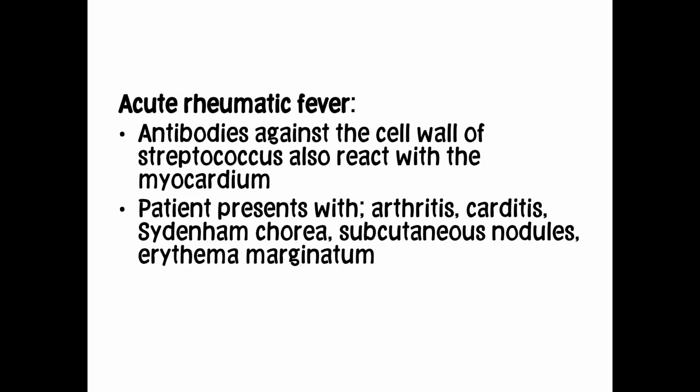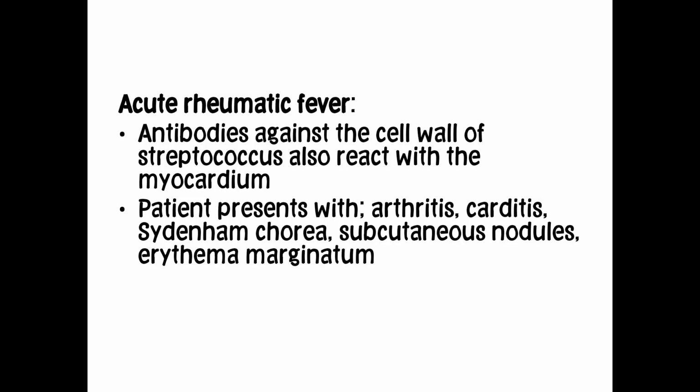Following detection, the immune system releases antibodies against the M proteins of streptococcus, and as a result, some body structures have antigens that resemble the M proteins of the streptococcus, and these may include the myocardium and the joints.